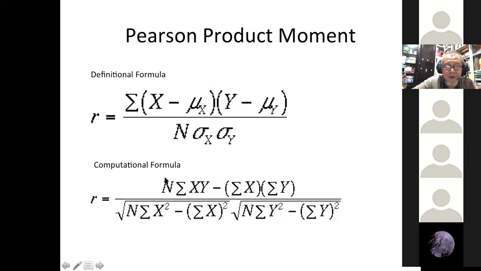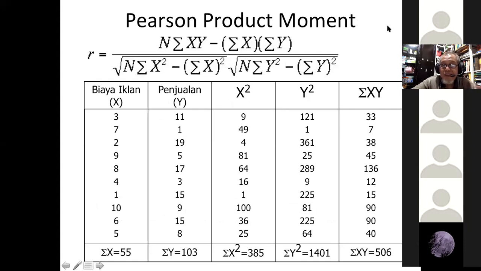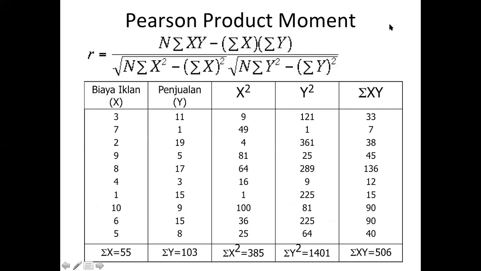We use the raw data, raw score, to use the computational formula. When you use the definitional formula, you have several steps before you can put it into the formula. So we will use the computational formula. Here is an example. Take a look at this example. Is there any correlation between the advertisement expenses and the volume of sales?